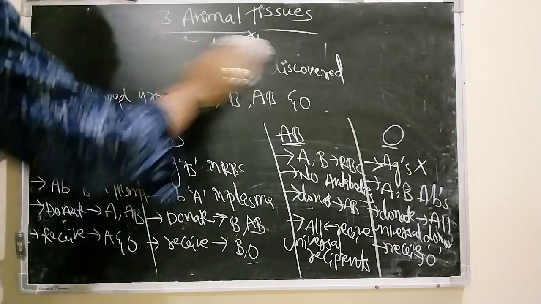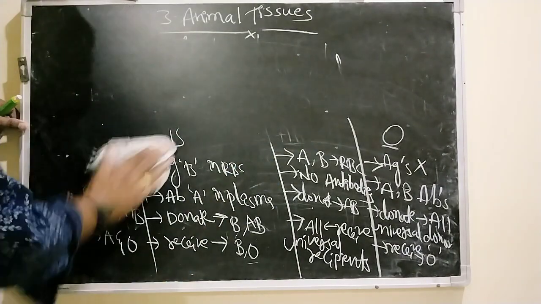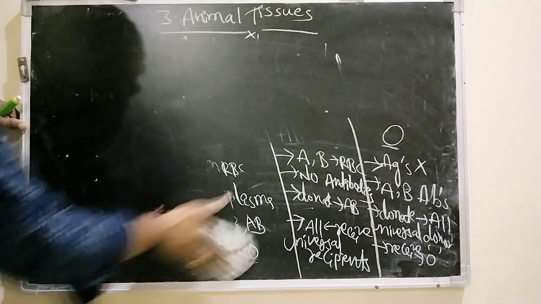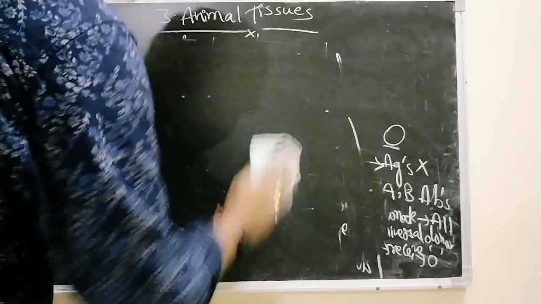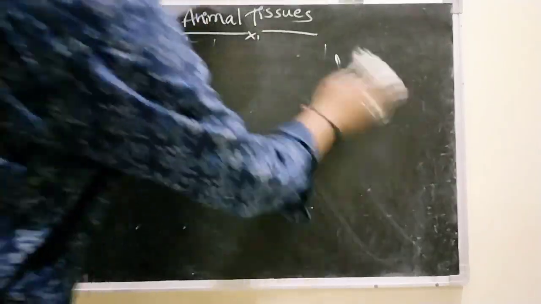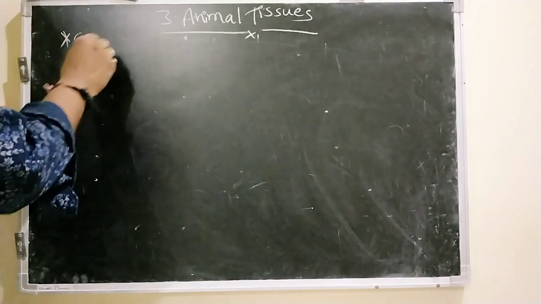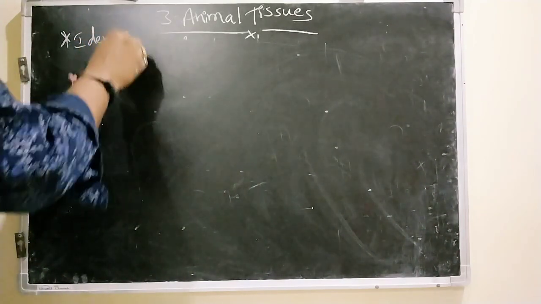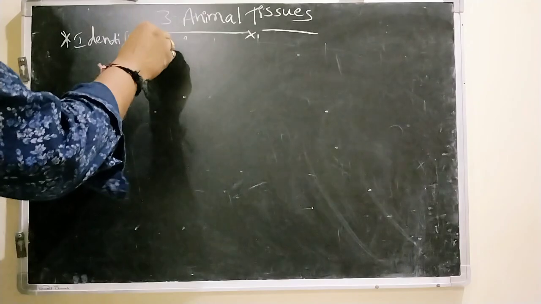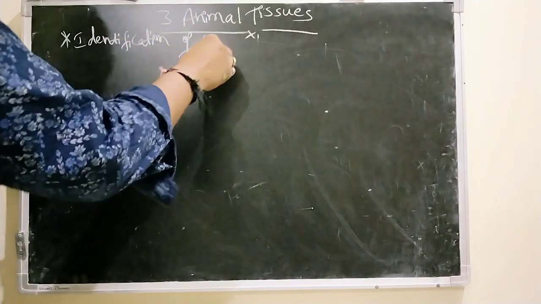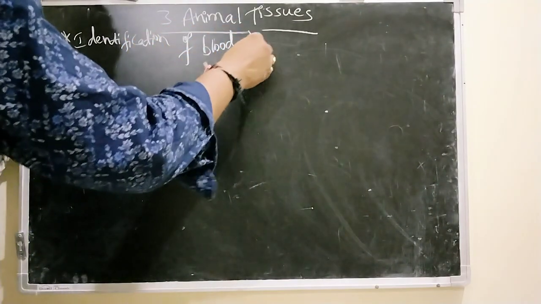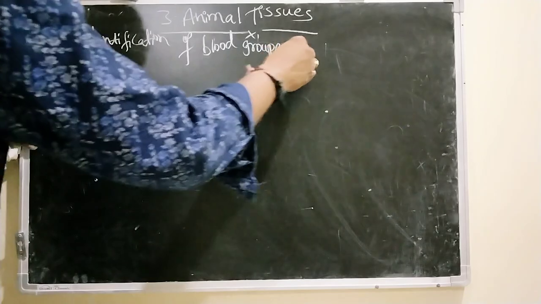Next, identification of blood group. So how can we identify the blood group of a person? Simple.